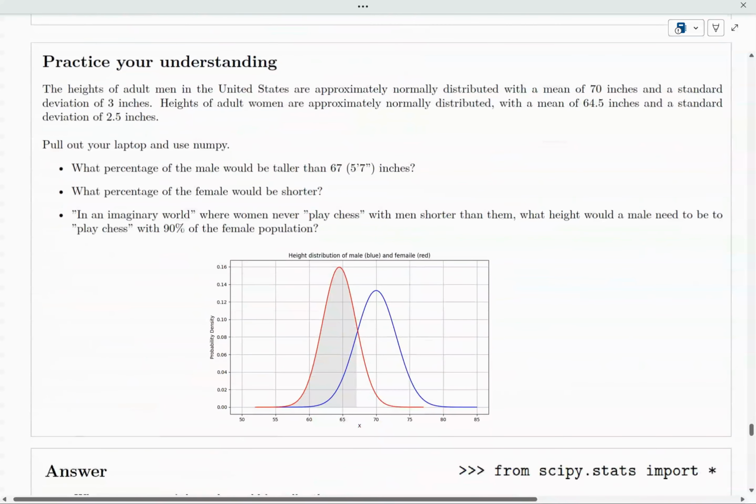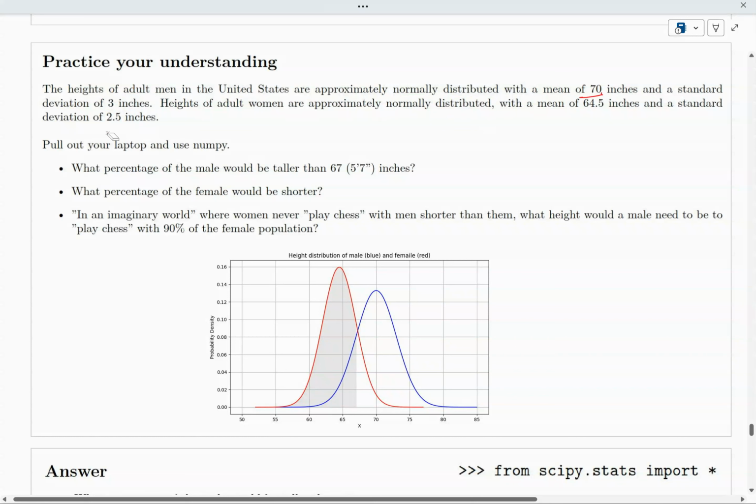Let's now practice your understanding a little bit more. This is actual data. Heights of adult men in the United States are approximately normally distributed with a mean of 70 inches, so an average male is 70 inches, and a standard deviation of 3 inches.